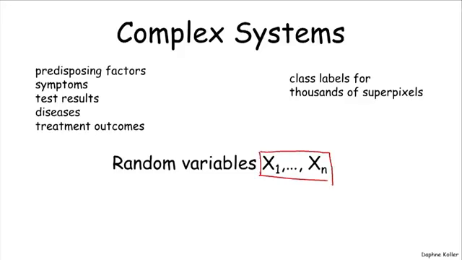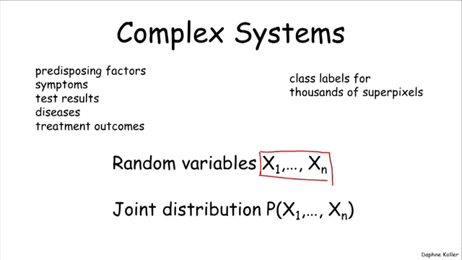So one symptom that may be present or absent, or a test result that might have a continuous set of possible values, or a pixel that might have one of several labels. So each of these is a random variable, and our goal is to capture our uncertainty about the possible states of the world in terms of a probability distribution, or what's called a joint distribution, over the possible assignments to the set of random variables.